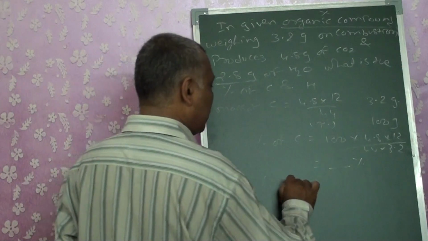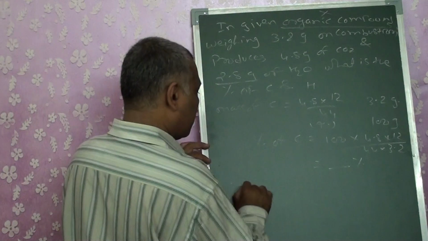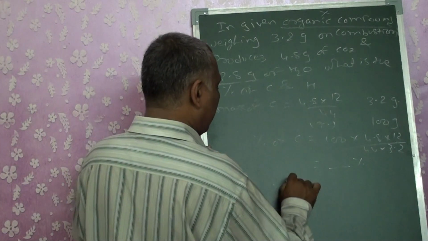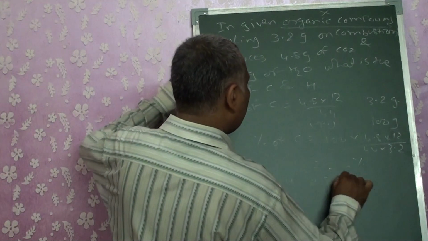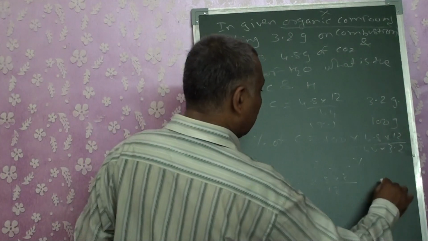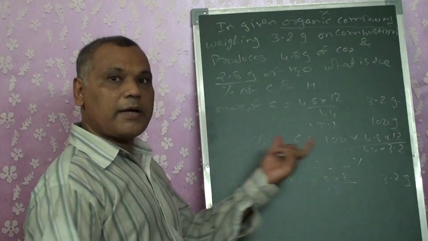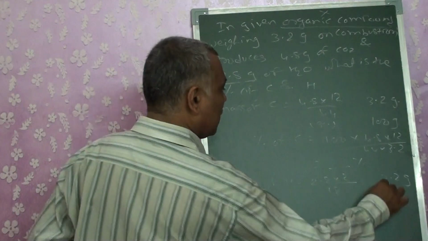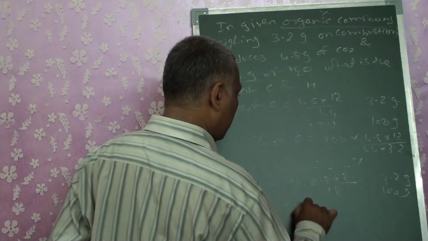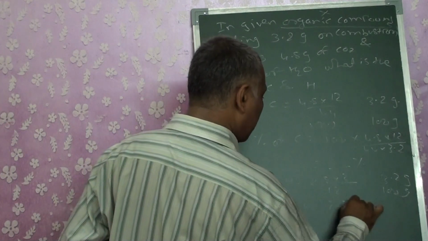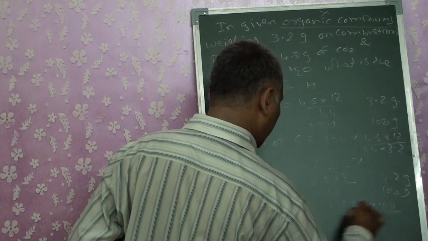Similarly, for the percentage of hydrogen, first of all, the mass of hydrogen we got was 2.8 into 2 by 18. That was in 3.2 gram of the organic compound. The organic compound is fixed, so 100 gram will have percentage of hydrogen equal to 2.8 into 2 into 100 by 18 into 3.2.